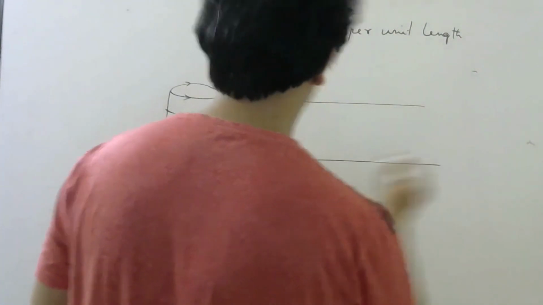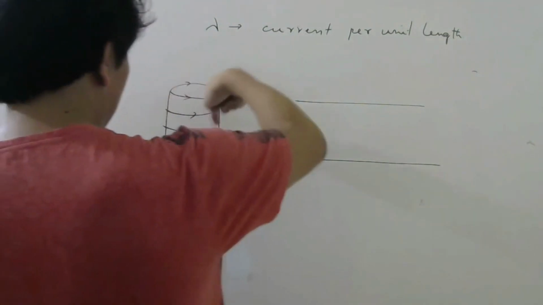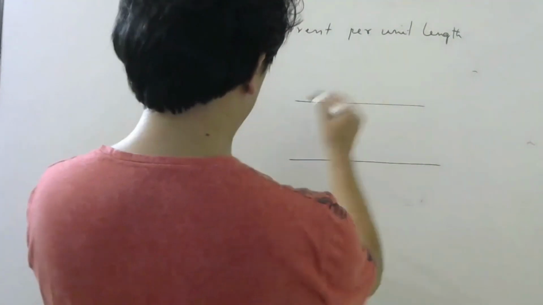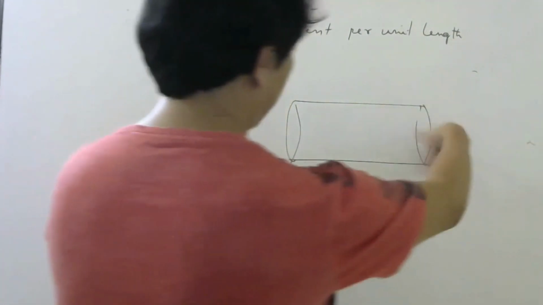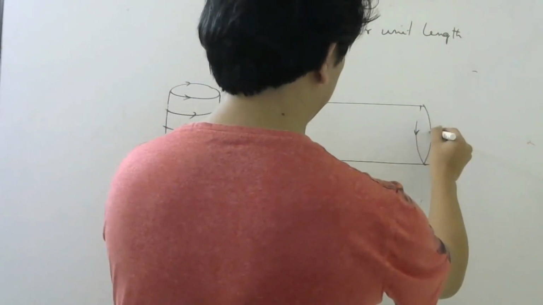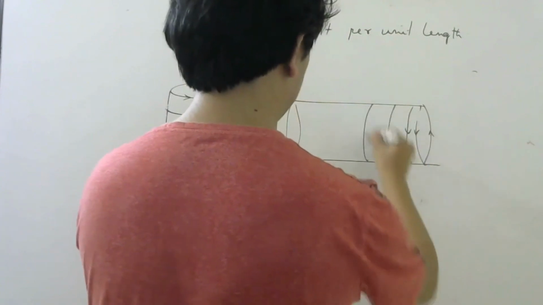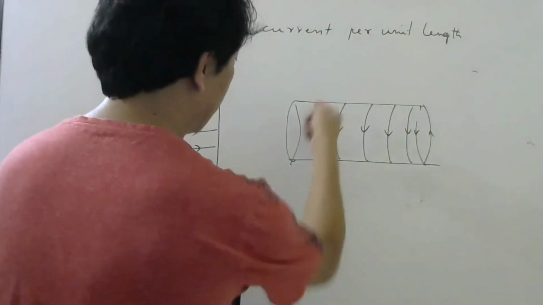Okay. So if it is going like this, then here it is going in, here it is coming out. So if this is your cylinder and current is flowing through the circumference, it will be like this, right? So here it is in, here it is out.